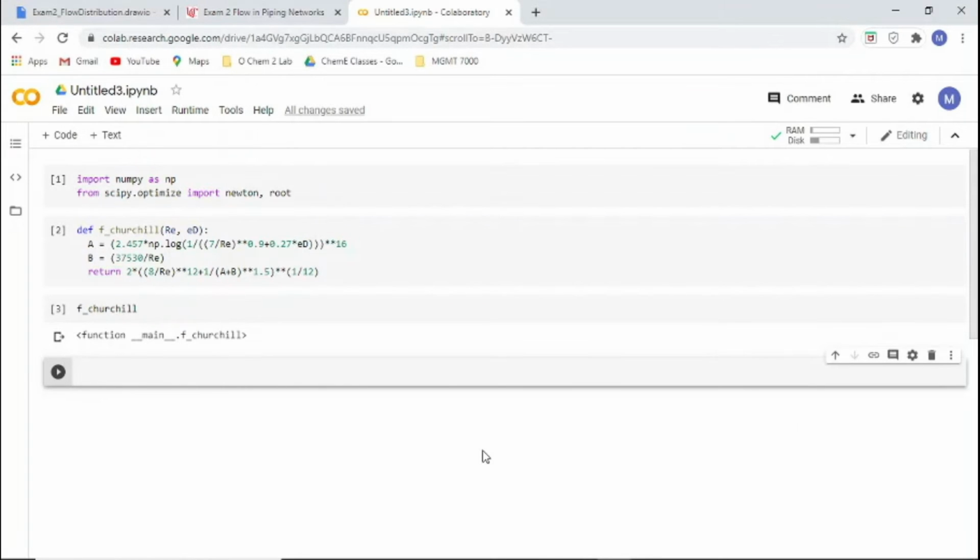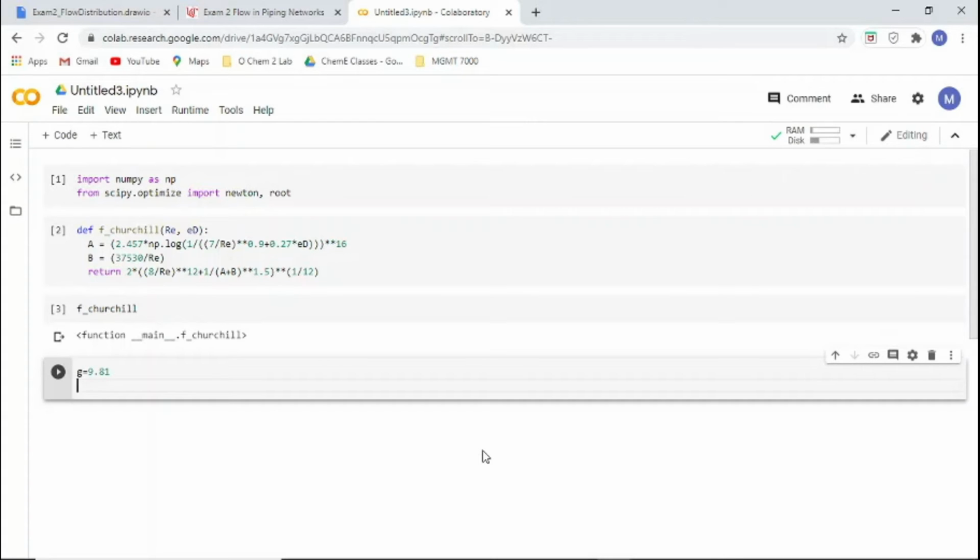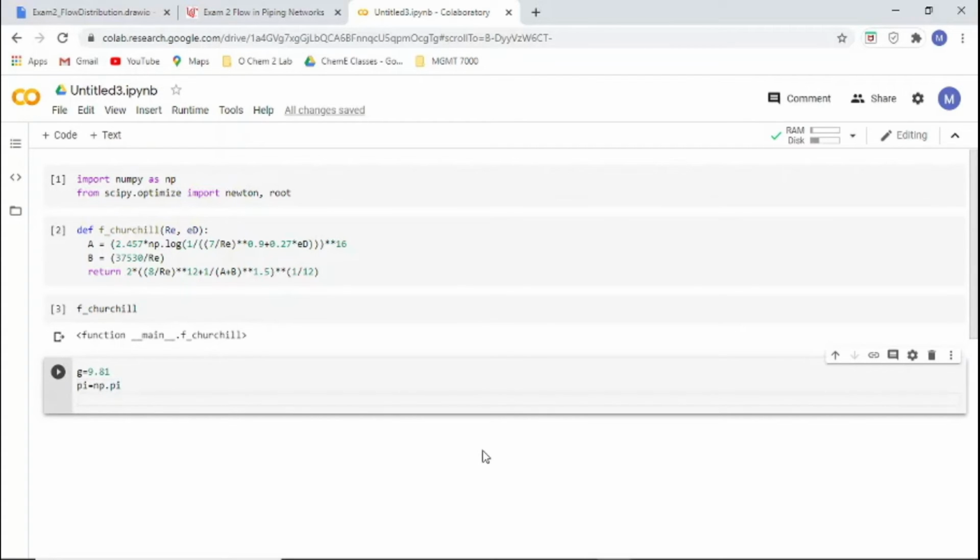First, acceleration due to gravity is going to be equal to 9.81. Pi is going to be equal to np.pi. We're going to say rho, the density of our fluid, is going to be equal to 1,000, because we're going to assume that our fluid is water.